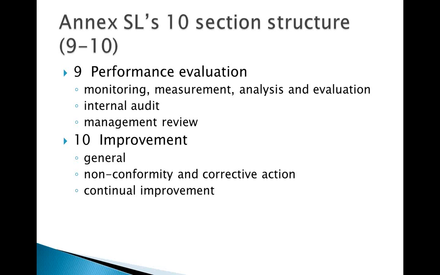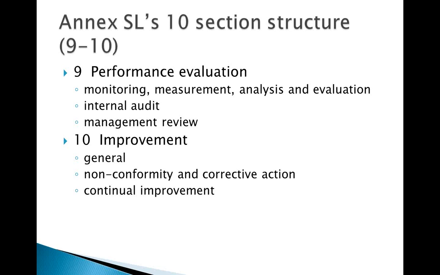Each of these things taken together represent an evaluation of the performance of the system. And then in Section 10, improvement, we have responses that can be taken based on those evaluations. So you have things like corrective action and continual improvement.